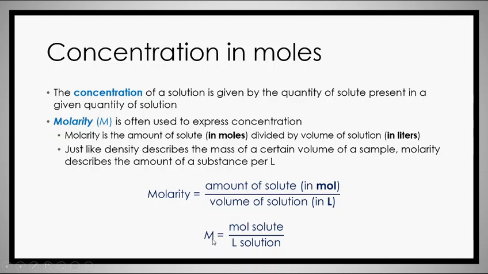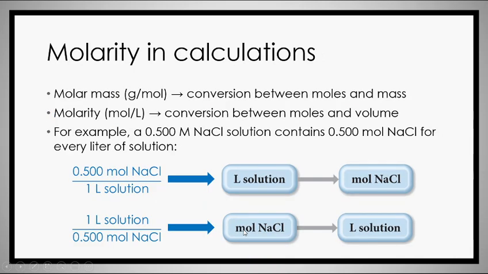Anytime you see this italicized M that follows a number, mentally or even physically scribble out this M and write moles per liter as its new unit. The great thing about something like moles per liter is that, like grams per milliliter or grams per mole that you've seen in the past, it is nothing more than another conversion.